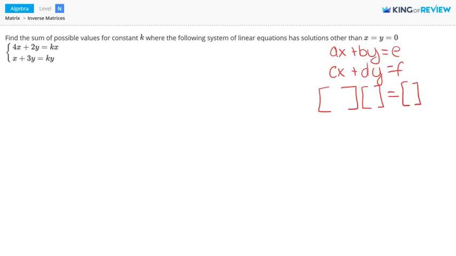So this first matrix is the coefficient matrix. I'm going to write the coefficients of the x and y terms, a, b, c, and d. Our variables go here, x and y, and the constants, e and f, go here.